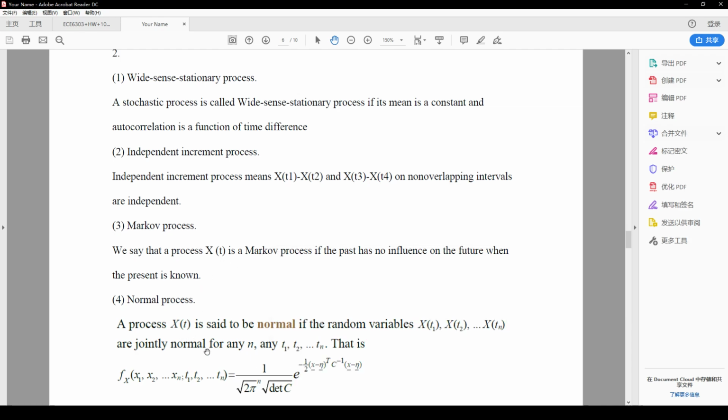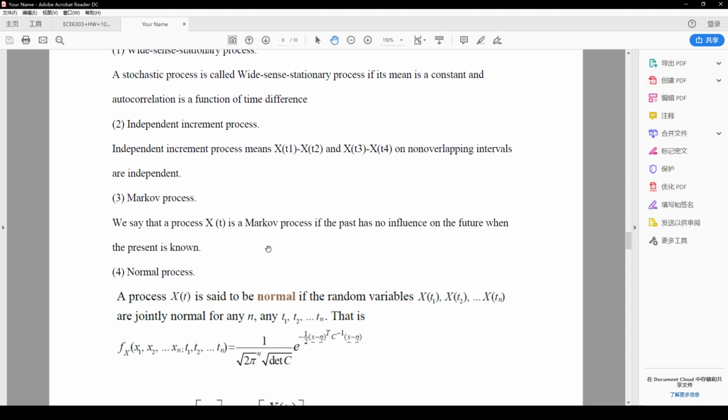Okay. Then the third one is the Markov process. X(t) is a Markov process if the past has no influence on the future when the present is given. So actually it means it's memoryless; the future is not dependent on the past.